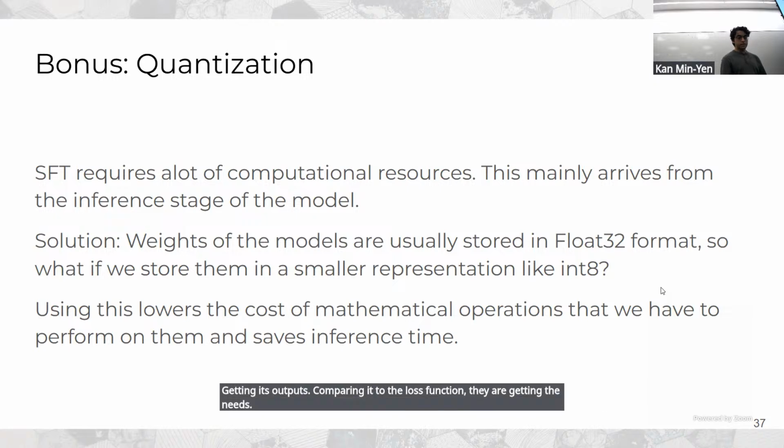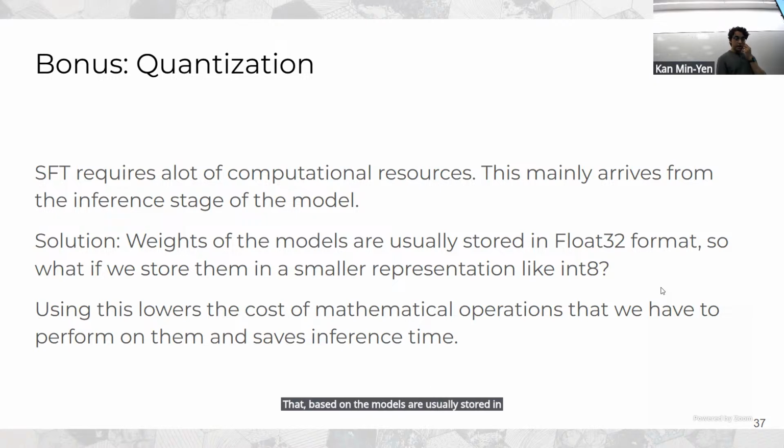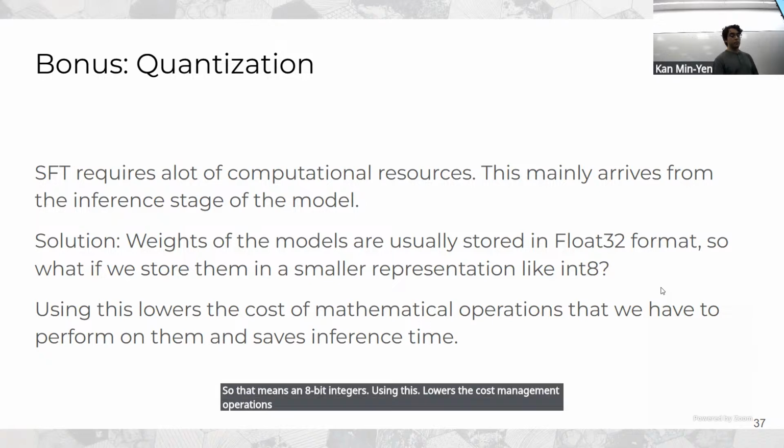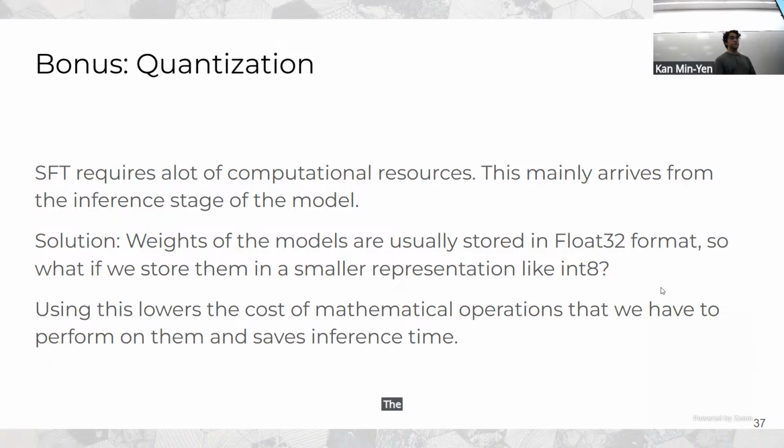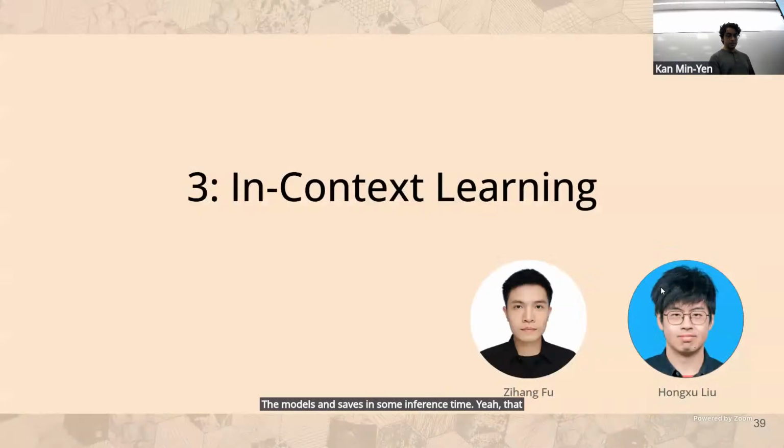So the solution is that weights of the models are usually stored in float 32 format. What if we store them in a smaller representation like int 8, that is, 8-bit integers? Using this lowers the cost of mathematical operations that we have to perform on the models and saves some inference time. Yeah, and that's it for my section.